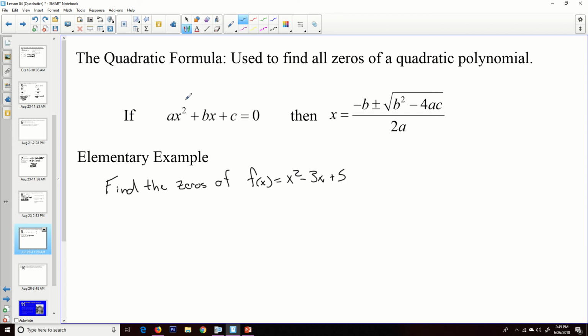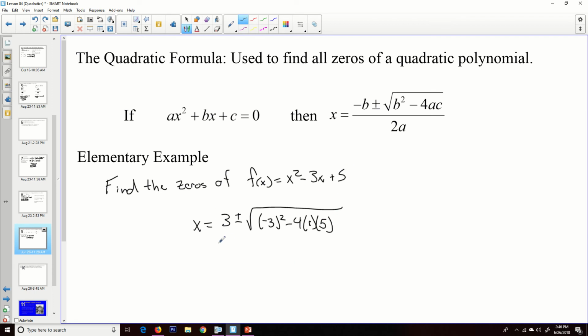We can use the quadratic formula to do that because we want to know where the y values are equal to 0. So here's what I'm going to do. Negative b will be positive 3, so x equals 3 plus or minus the square root of negative 3 squared minus 4 times a. A is 1. And then let's see here, c is 5.